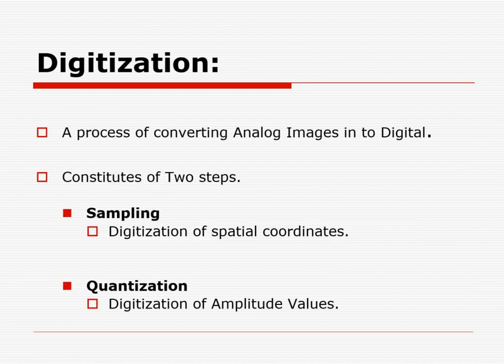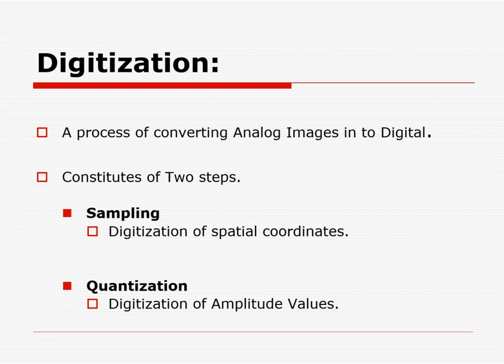The process of digitization can be defined as converting an analog image into digital format, and this consists of two steps: sampling and quantization. When we talk about sampling, this decides how many rows and columns will be there in the digital image.